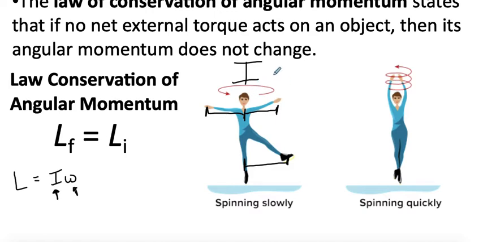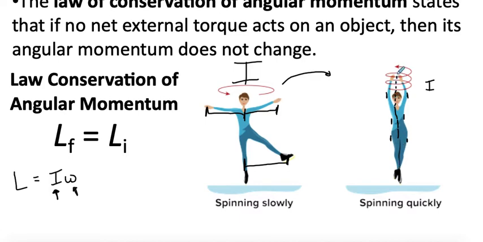And then as soon as that skater or ballerina brings their arms in, like the second picture there, they're effectively reducing their radius, which makes their moment of inertia a lot smaller compared to this one. The drag is reduced, and the moment of inertia is reduced, because the general mass is much closer to the center of mass.